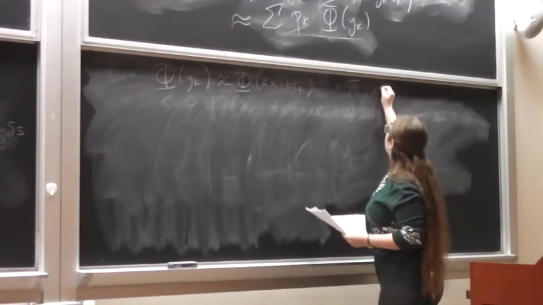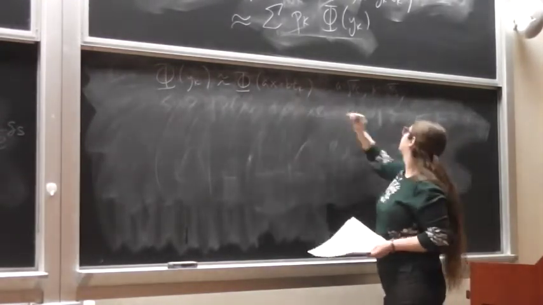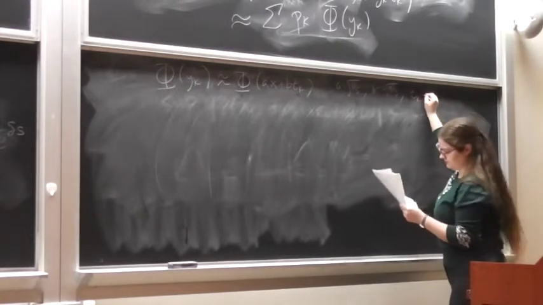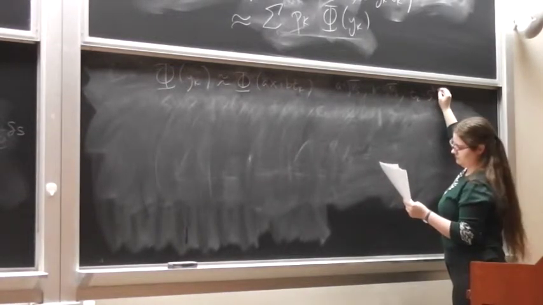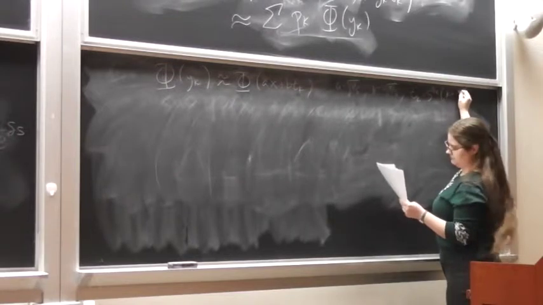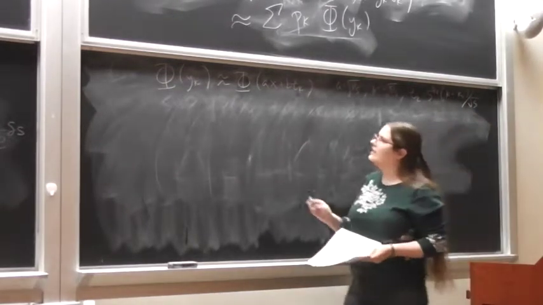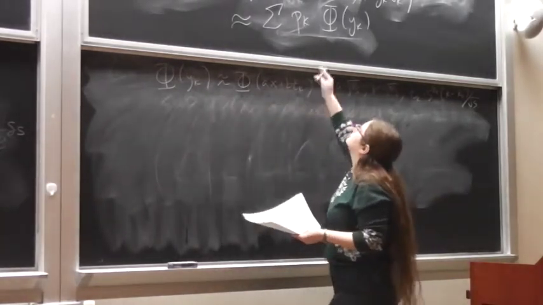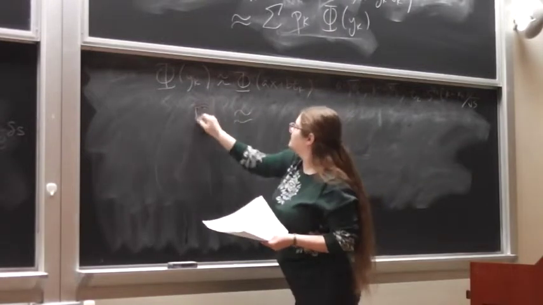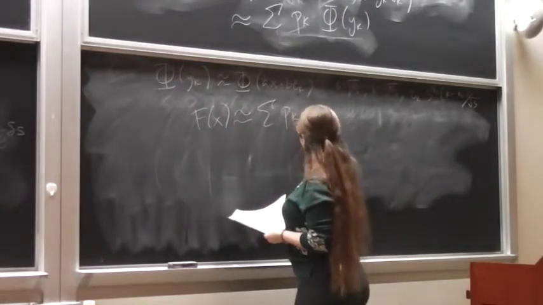Doesn't really matter what they are. And then I have some function here of k. And as long as I replace this by this, the errors don't accumulate too much, and I get a good estimate for f of x, which looks like this.